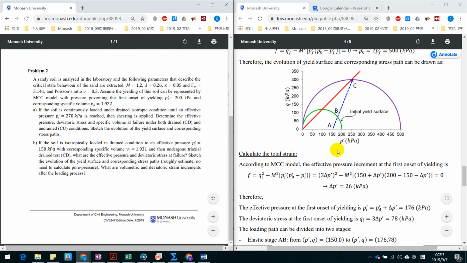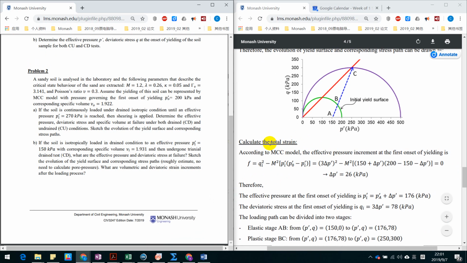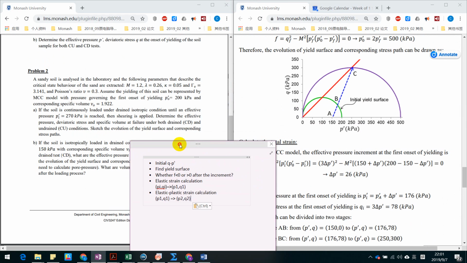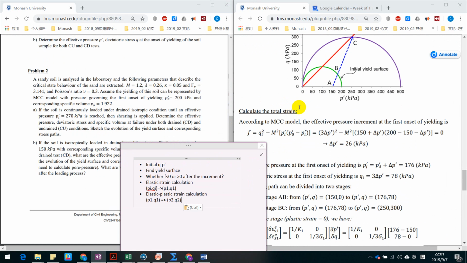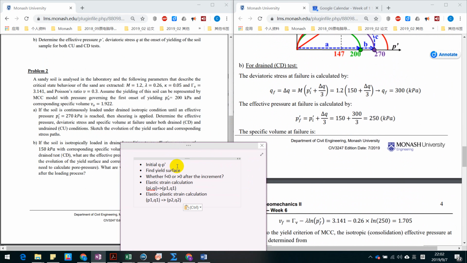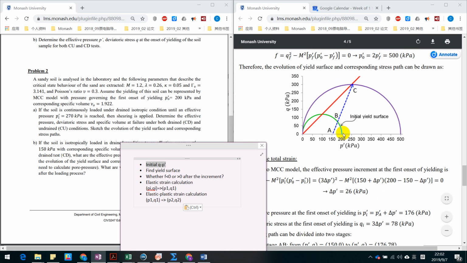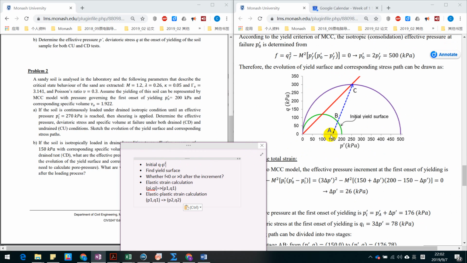Okay, so the procedure we try to calculate the total strain, or the elastic strain and plastic strain, goes like this. Firstly, we have to calculate the initial Q and P dash. In this question, because we're talking about from A to C, the initial Q is 0 and P dash is 150 kilopascal here.